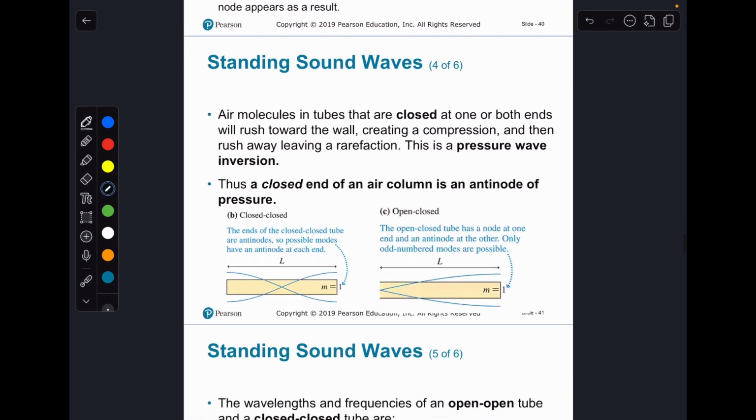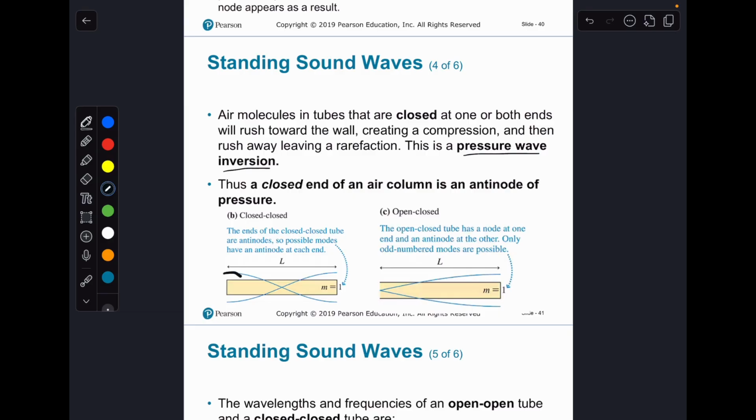So let's look at a closed tube and an open-closed tube. In a closed tube, both ends are closed. Opposite to an open end, a closed end is going to act as an antinode. That's because when the pressure wave meets the wall, it gets inverted and turns around and heads the other way.